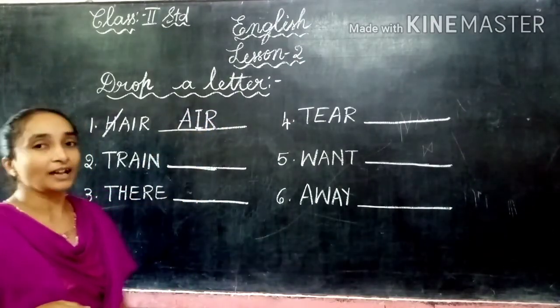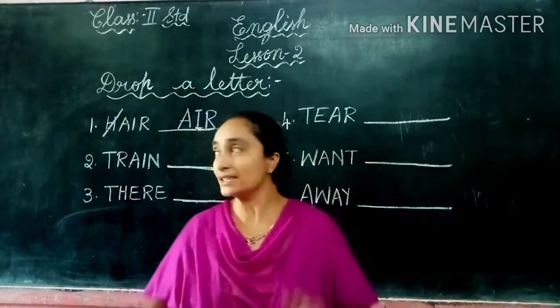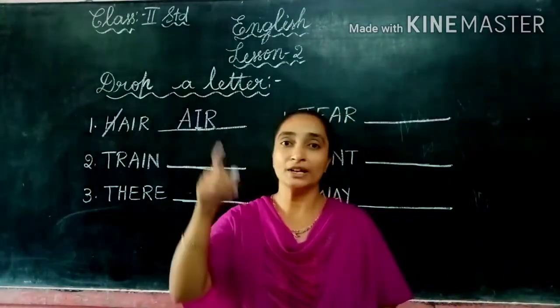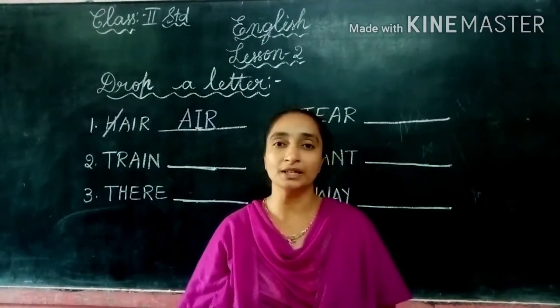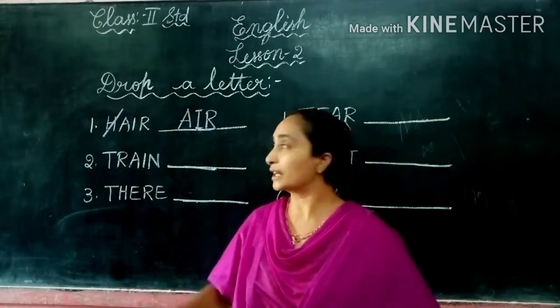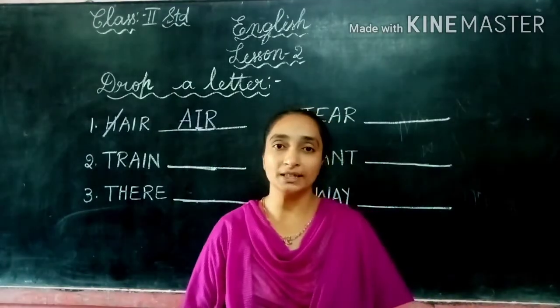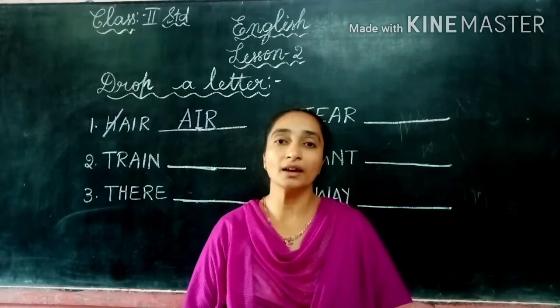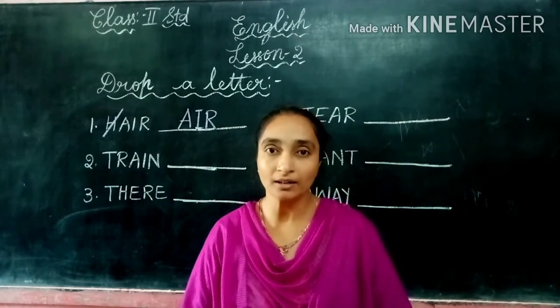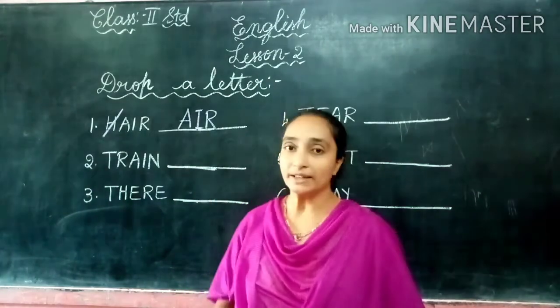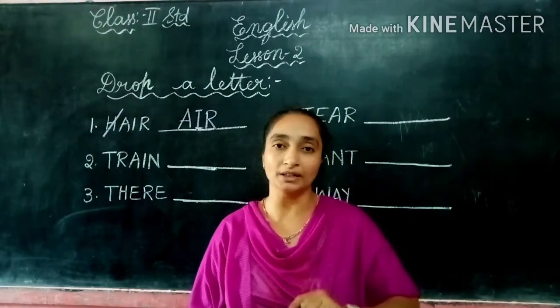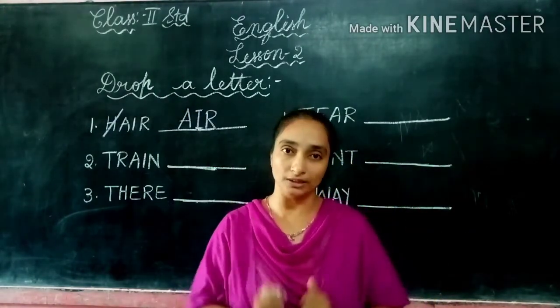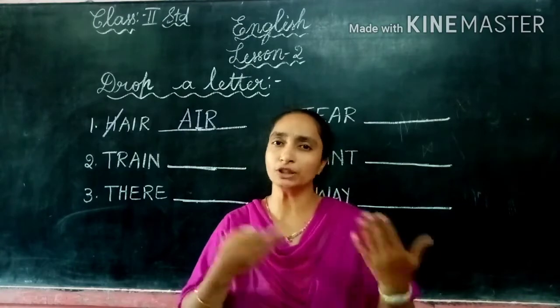This is another word. First it was hair. When I remove a letter from that word, I can find another word, that is A-I-R, air. This is called drop a letter. Then we can find another new word with a new meaning.